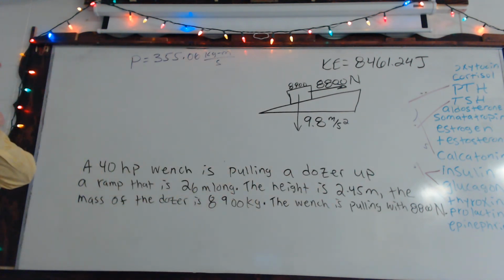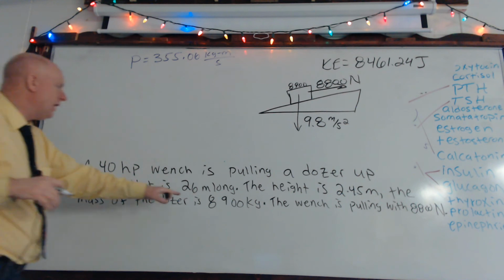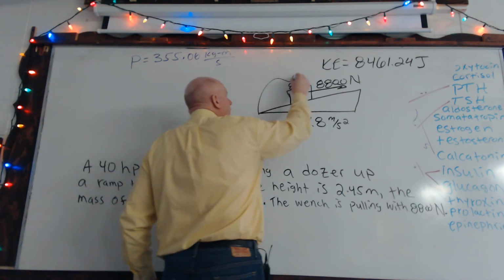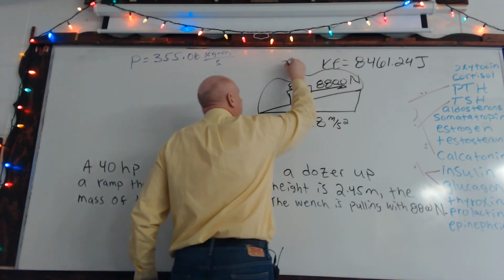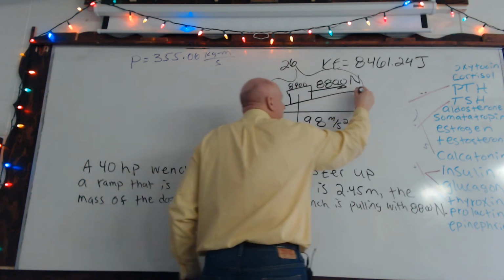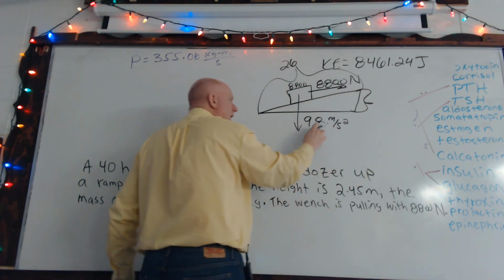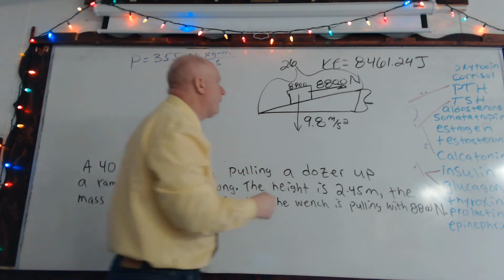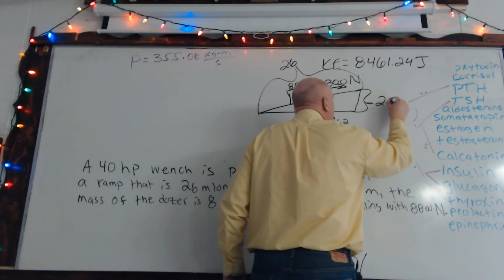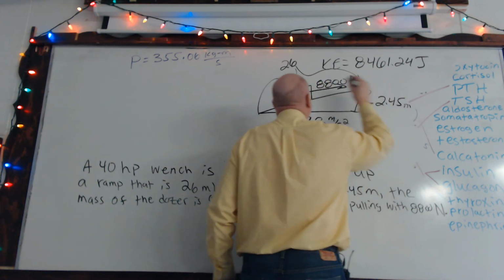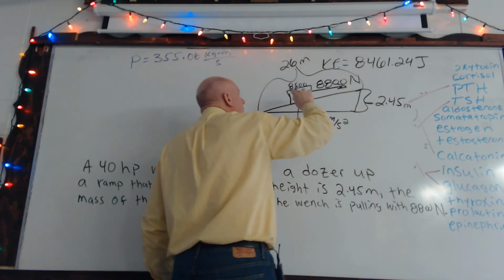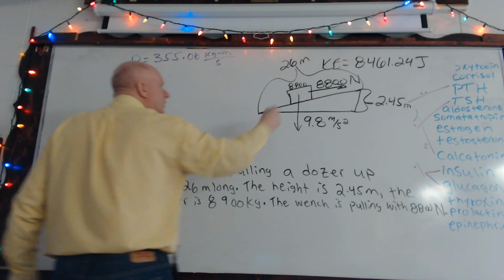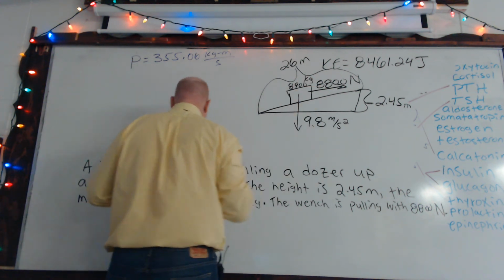Well, it would be the length of the ramp, and according to that, it's 26 meters long. And then the height that gravity is having an effect on, or the resistance from that gravity, is 2.45 meters.